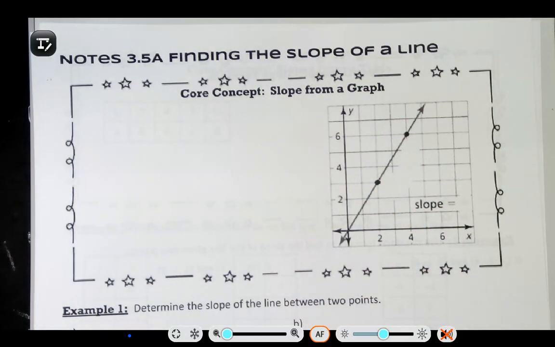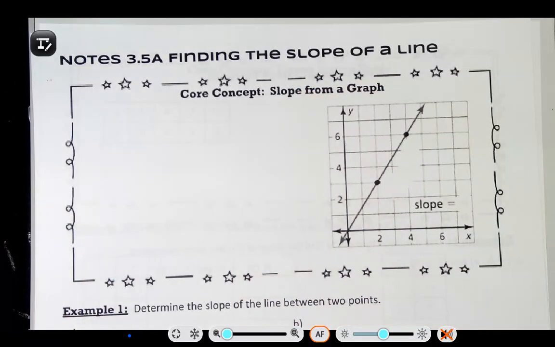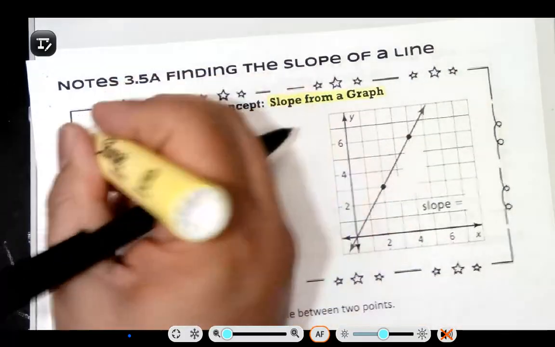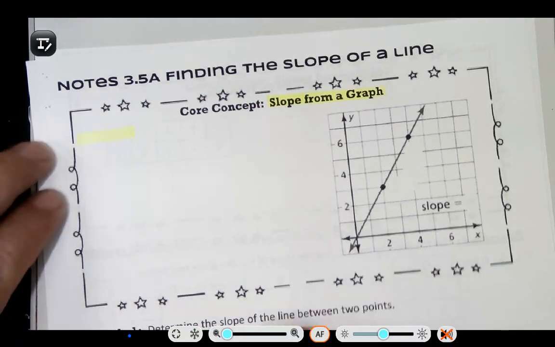There are different kinds of slopes, and we'll touch upon those in a bit. But the first thing we have to let you know is, well, what is the slope? What is the slope of a line and what does it represent? So we're going to start off with a quick definition for the slope of a line.